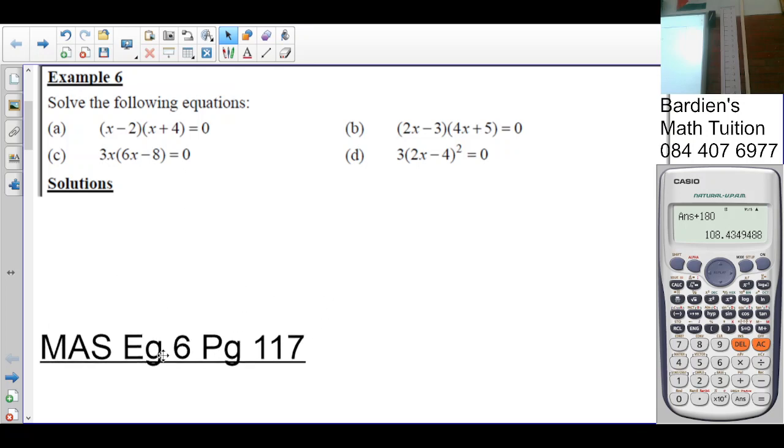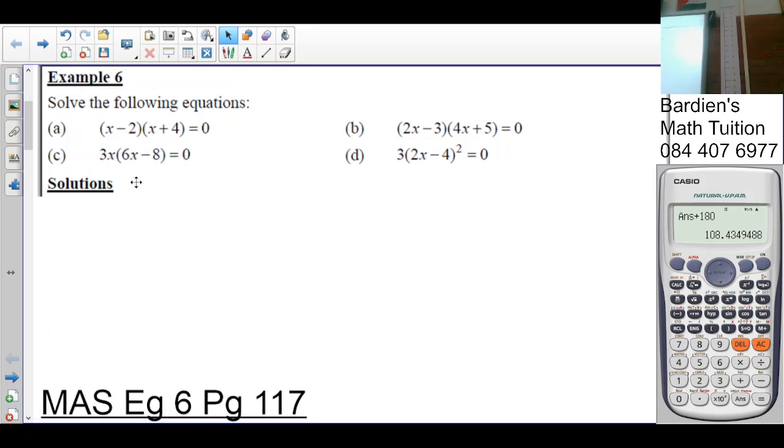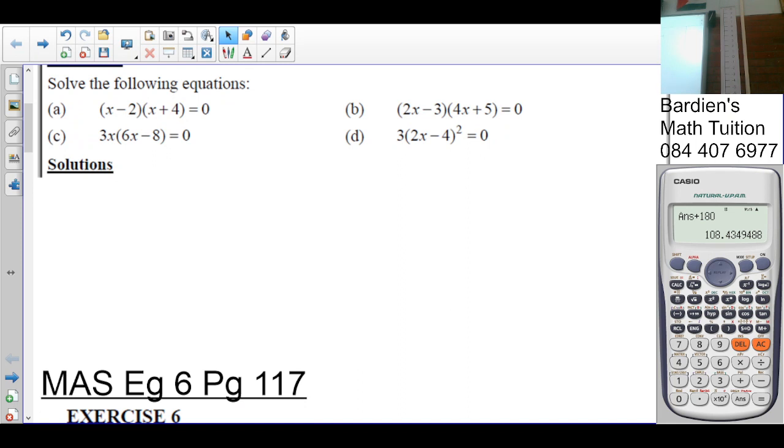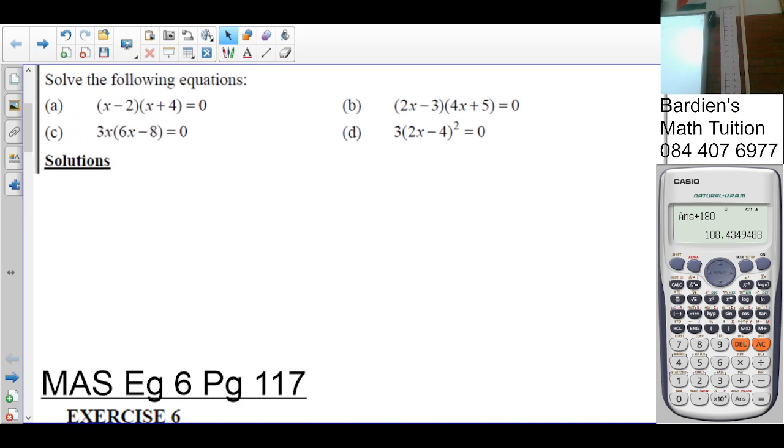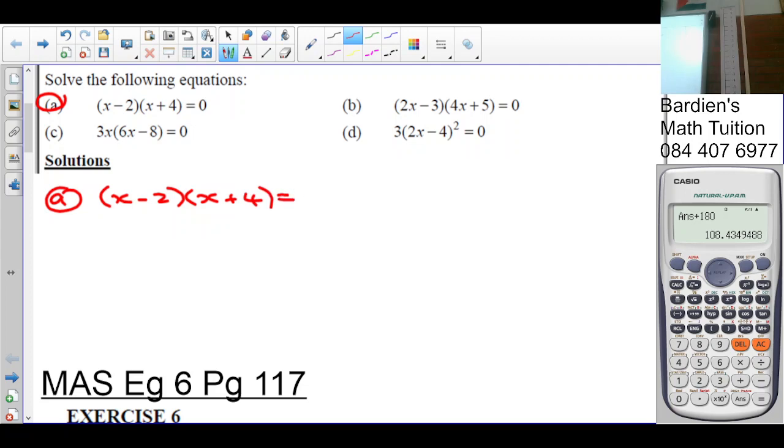Okay, so the question says, solve the following equations. So looking at number 1, based on what we just discussed, you got x minus 2 into x plus 4 equals 0. Is that in the form of a times b is equal to 0? Yes, it is.